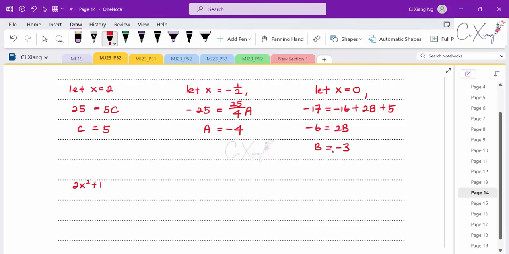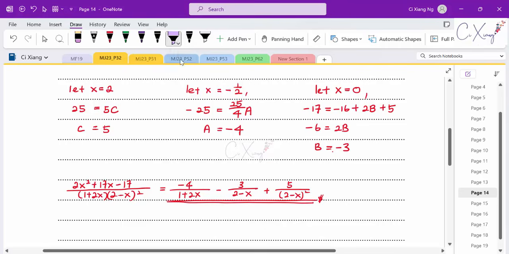So 2x squared plus 17x minus 17 divided by 1 plus 2x and then 2 minus x squared can be equal to this partial fraction. 1 plus 2x, then 2 minus x, and the third one will be 2 minus x squared. Alright, so basically this is what we have for the partial fraction.